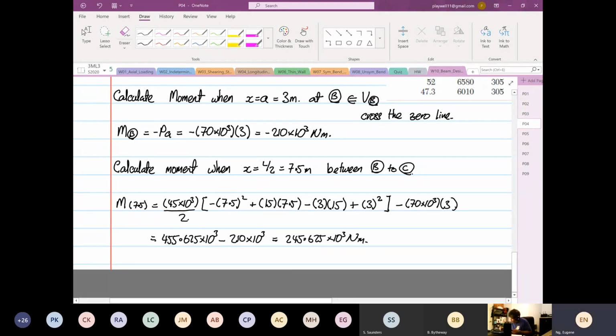Right. So from here, we know that X equals L/2 will generate the what? Maximum bending moment. So if you look at these two values, the 245.625 is definitely higher.